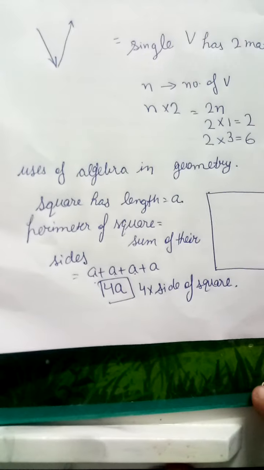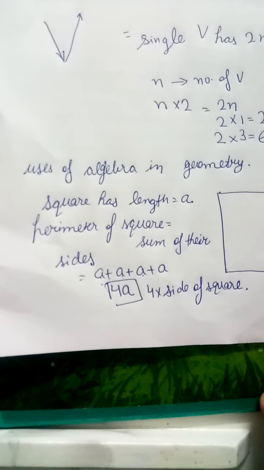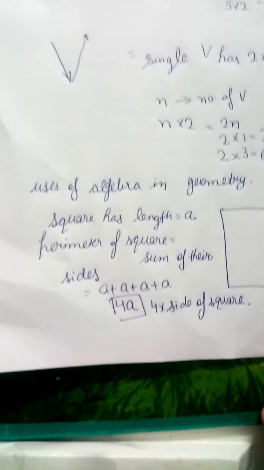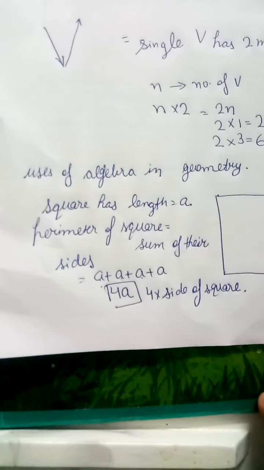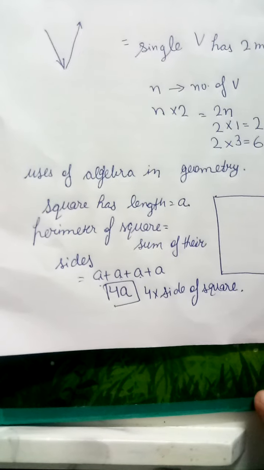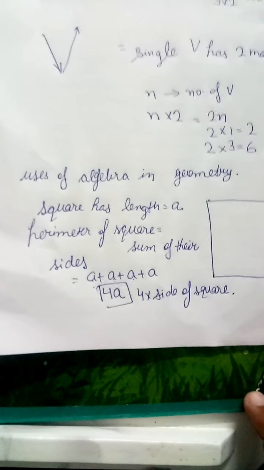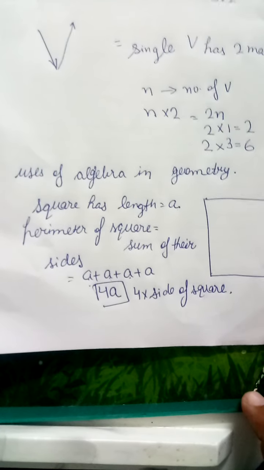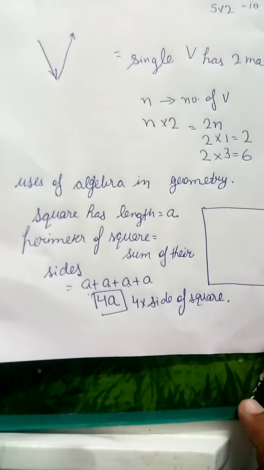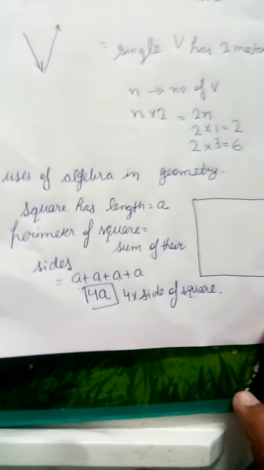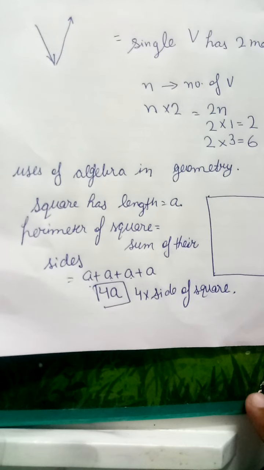So we can find it easily. When you have to find the perimeter, you just find the sum of all the corresponding sides in a geometrical figure. Okay, is that clear? In this way we can solve practice 7.2 easily.